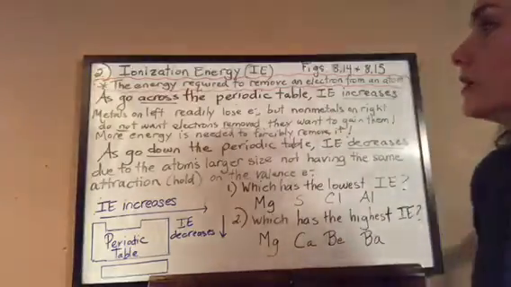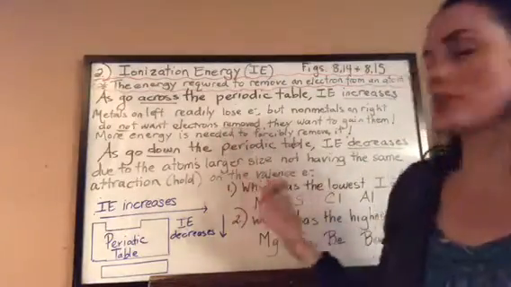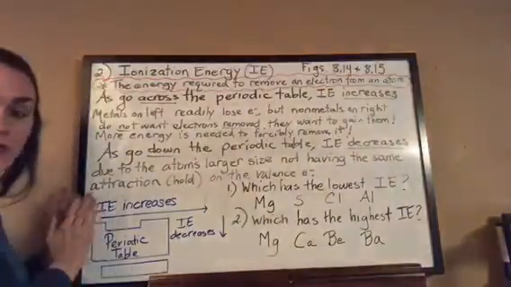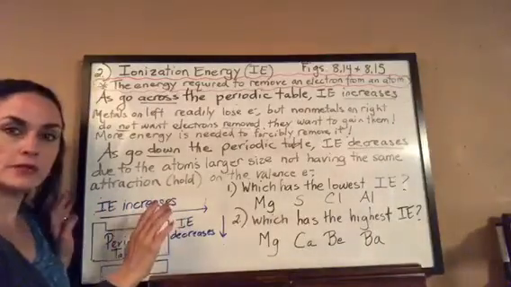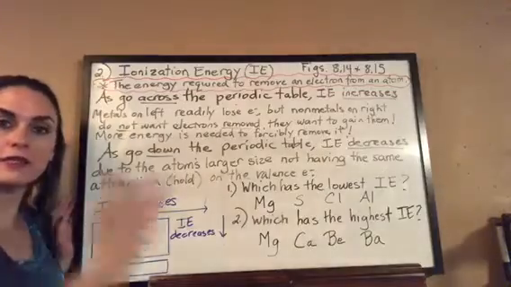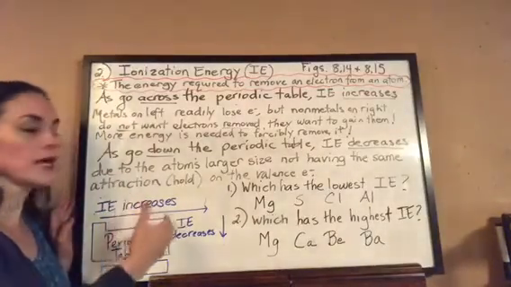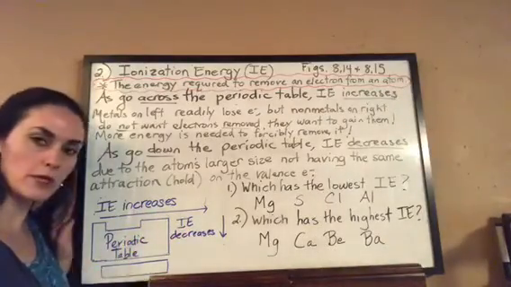As we go across the periodic table, the ionization energy increases. Why? Think of what we have in a periodic table. We have on the left-hand side basically our metals. As we go to the right-hand side, we have the nonmetals. Metals readily lose electrons when they bond, when they form ionic compounds. Nonmetals want to gain electrons when they form ionic bonds.